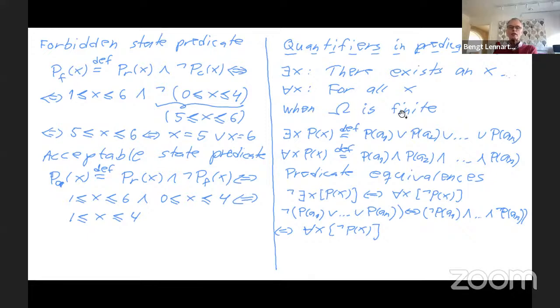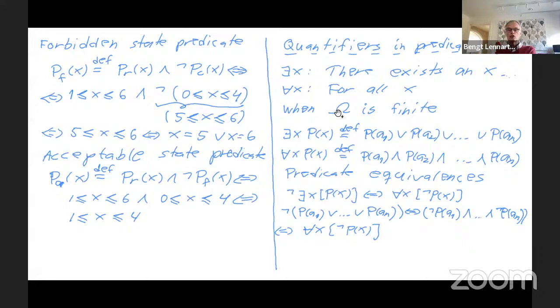So when omega is finite, which we normally assume in this course and in the methods we are working with, then you can define this existence of a predicate as an OR condition including all elements in the domain of your variable or variables if you have more than one.